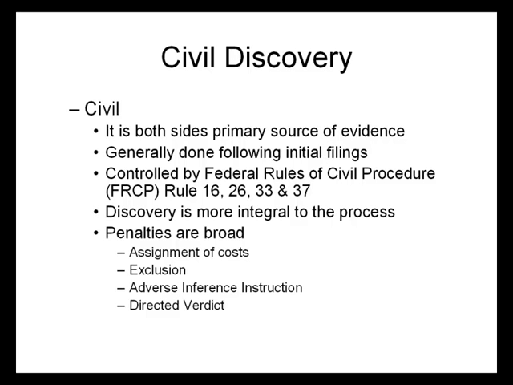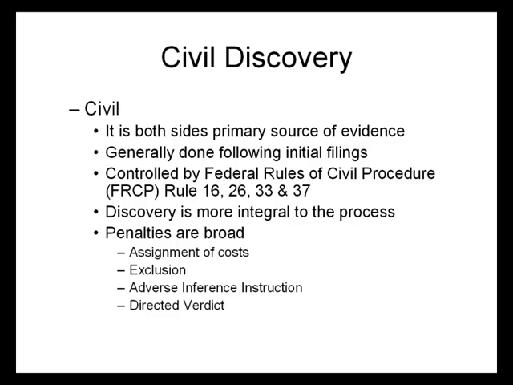The judge can assign costs to a party that withholds evidence so that they have to pay the other side for the work that it took them to discover the fact that they were in fact withholding the stuff. Evidence can be excluded from either party if somebody violates one of the rules.